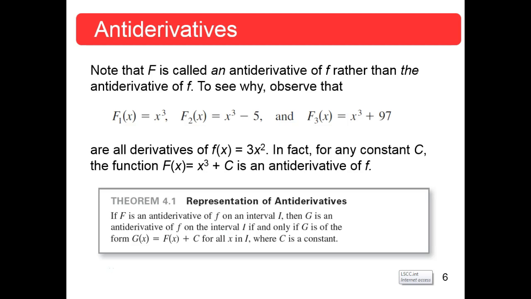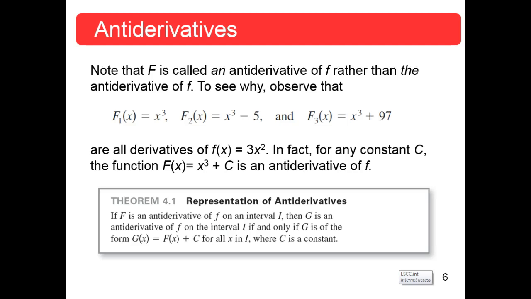Here's the key. It's called an antiderivative of f rather than the antiderivative of f. And here's why. What if your capital F was x cubed? What's its derivative? 3x squared. What if your capital F was x cubed minus 5?